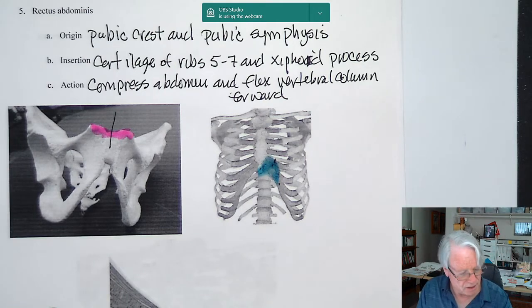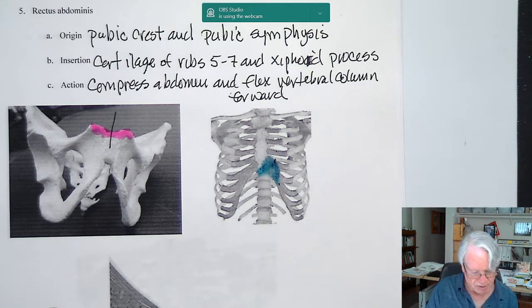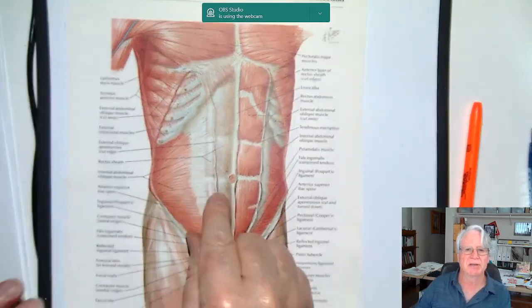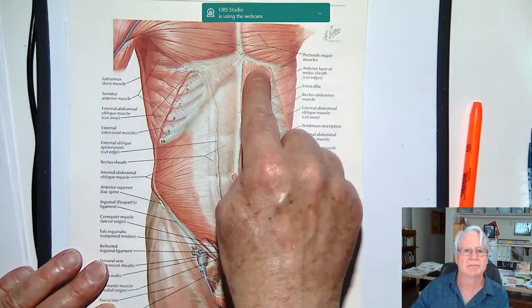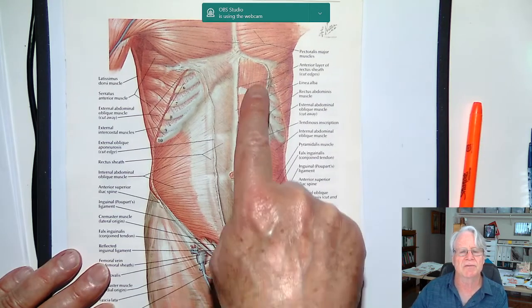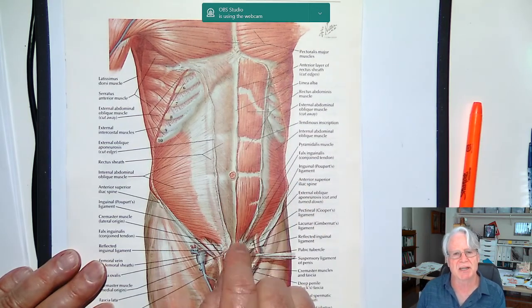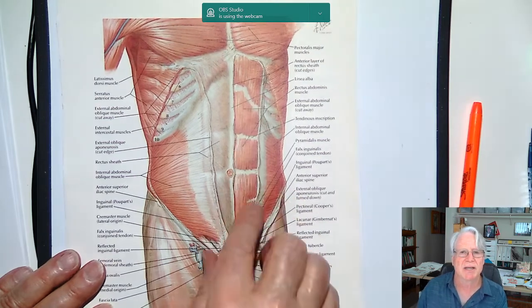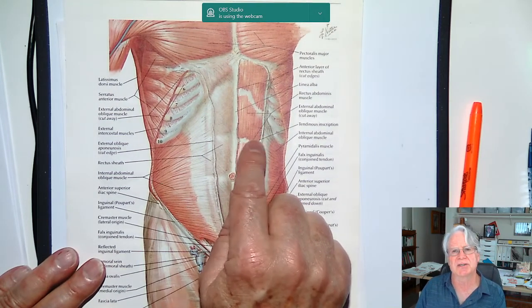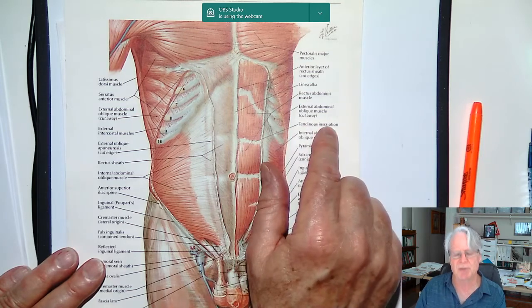Okay, so let's take a look at some pictures. Again, I'm coming back to Netter. Here's the muscle in question right here. It looks like there may be 1, 2, 3, 4 muscles there, but it's not. It's one long muscle. And these so-called tendinous intersections, they're called tendinous inscriptions here.